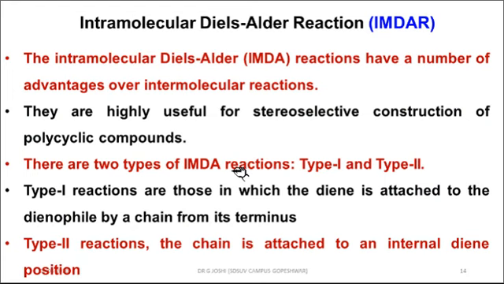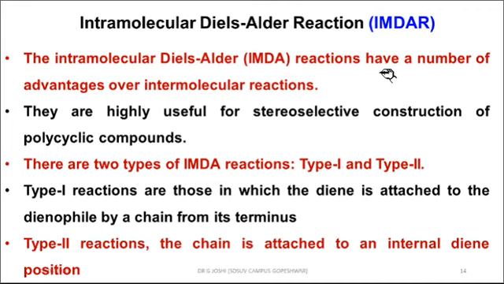Now coming to the intramolecular Diels-Alder reaction. The intramolecular Diels-Alder reaction has a number of advantages. It proceeds through a highly ordered transition state. This reflects the large negative activation entropy in the intramolecular Diels-Alder reaction.